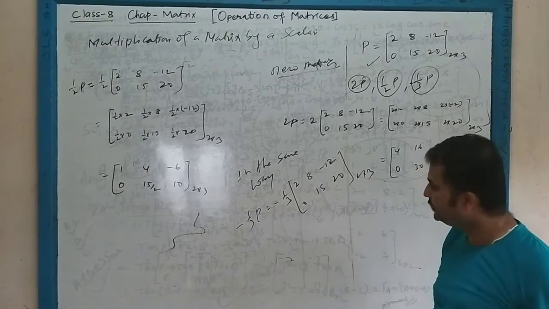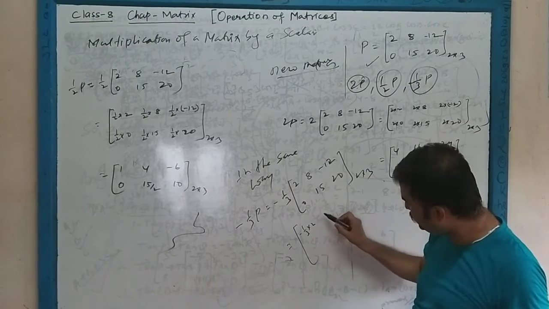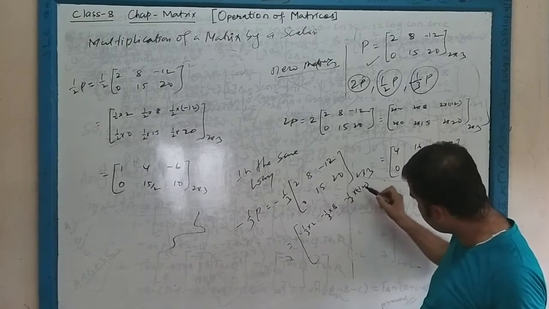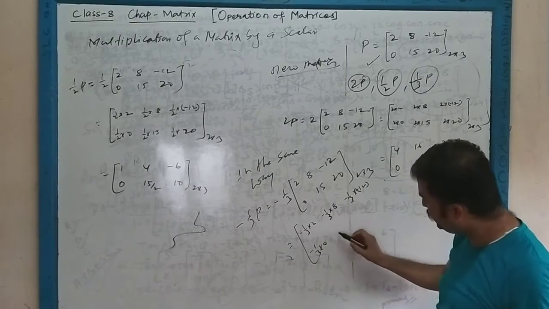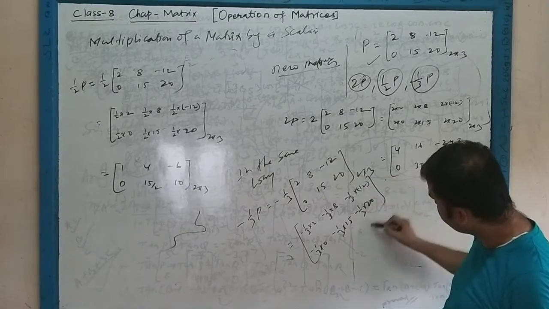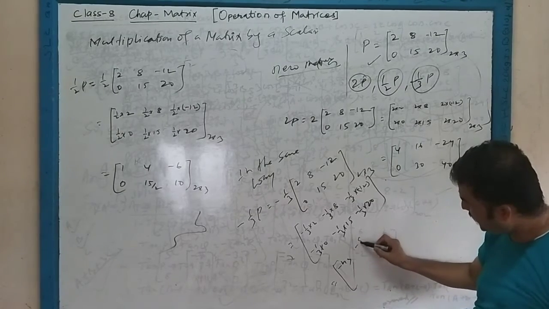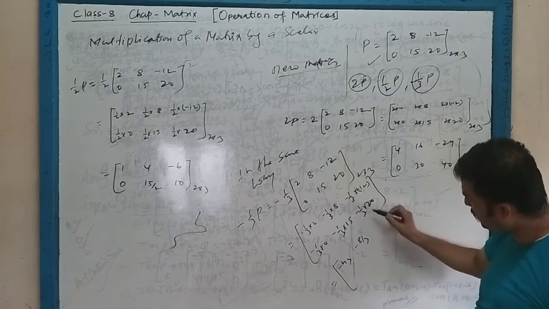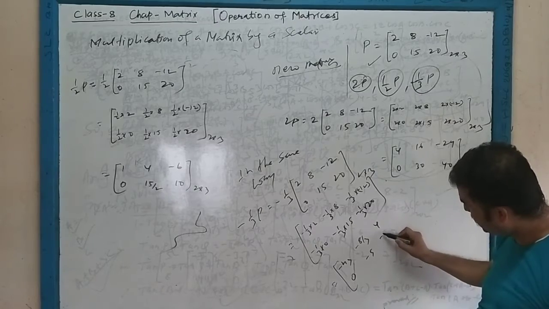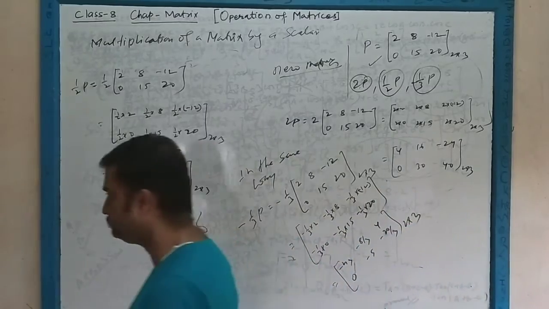Multiply all these elements by minus 1 by 3: minus 1 by 3 times 2, minus 1 by 3 times 8, minus 1 by 3 times minus 12, minus 1 by 3 times 0, minus 1 by 3 times 15 and minus 1 by 3 times 20. What is the result? It's minus 2 by 3, minus 8 by 3, plus 4, 0, minus 5 and minus 20 by 3. 2 rows, 3 columns. This is your answer.